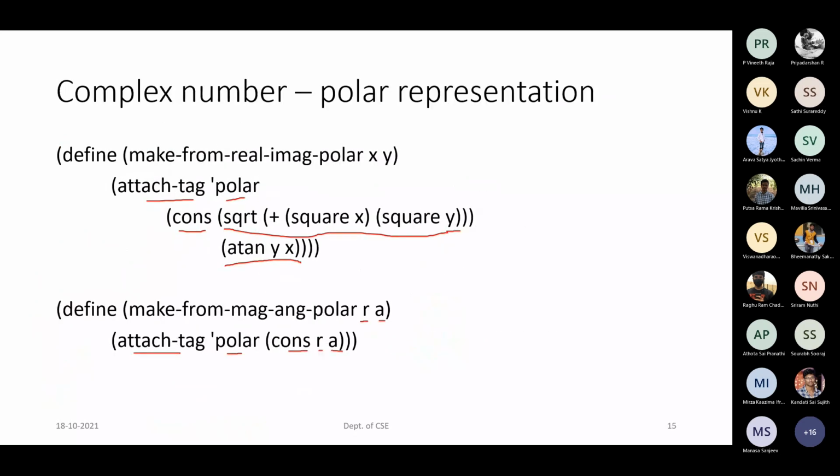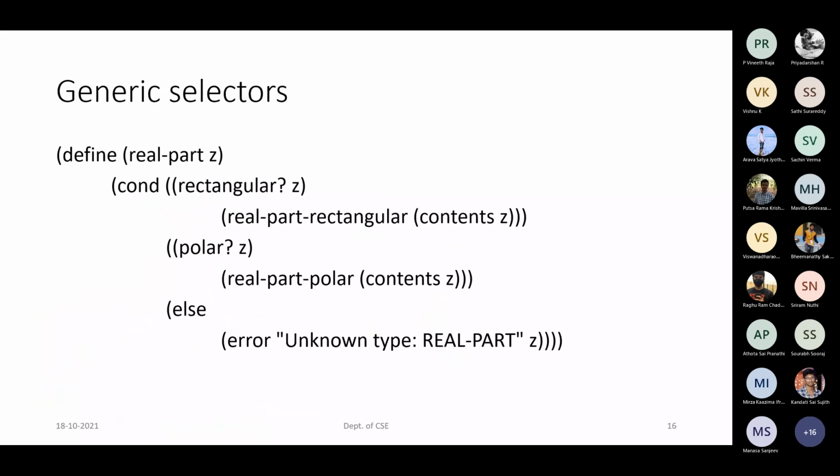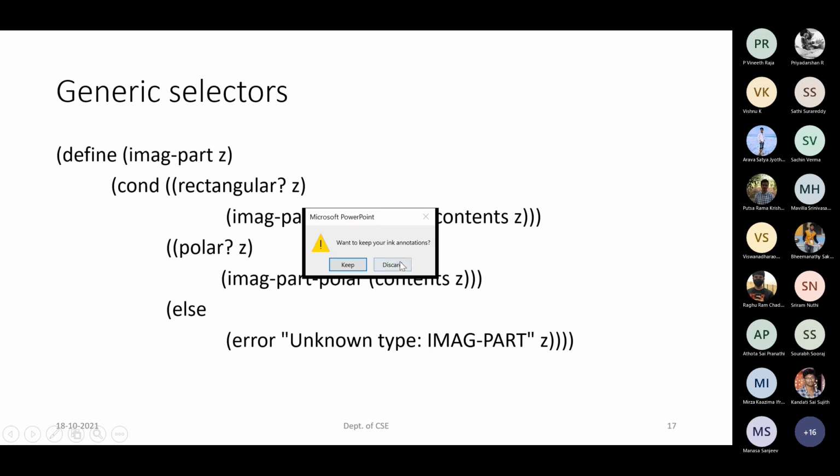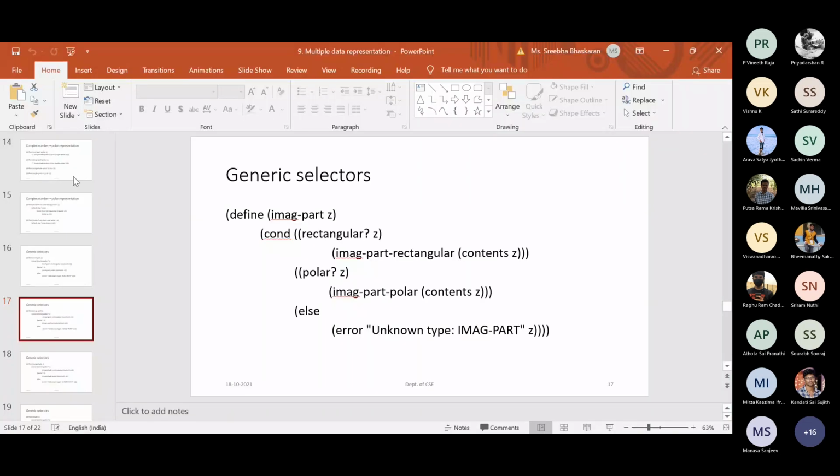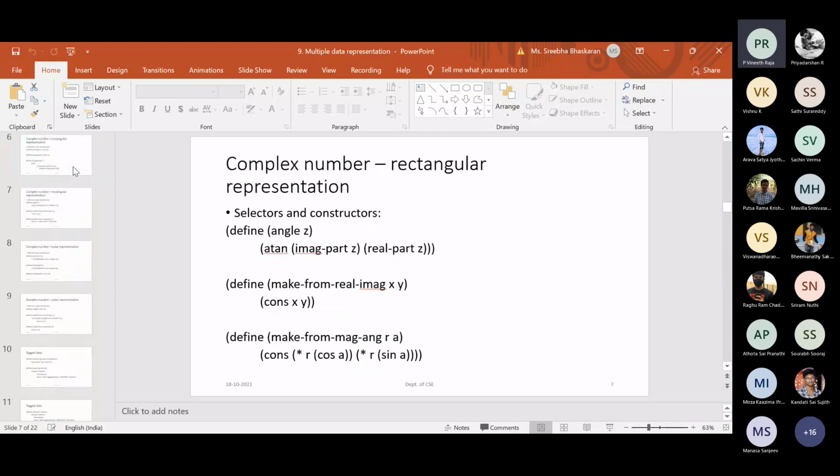Now moving further, it is easy for us to define the generic procedures. Let's see how the generic procedures will look now. When we are using operations like addition of two numbers, hope all of you remember, last class I have shown.